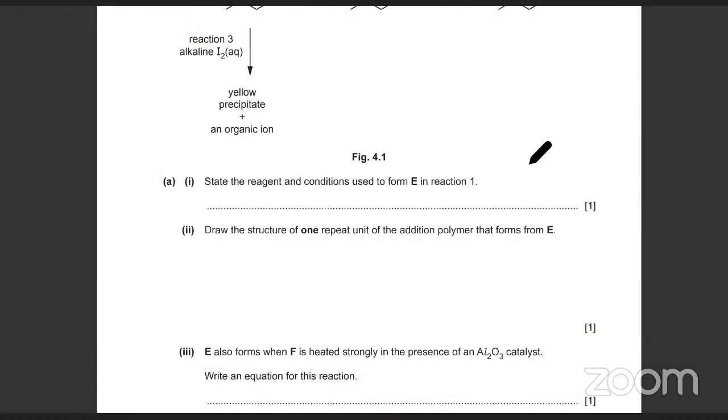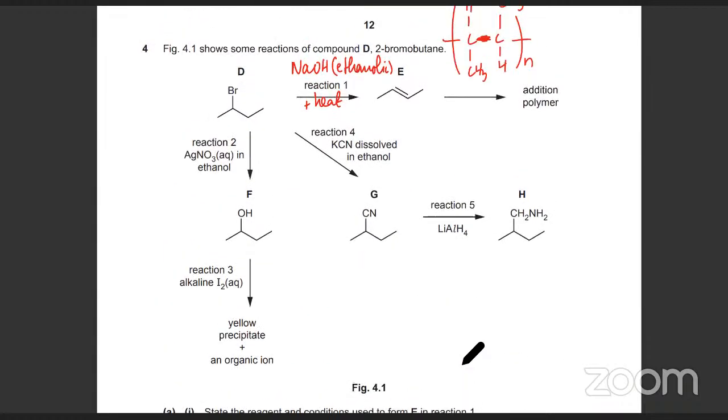And then he says, write an equation. E forms when F is heated strongly in Al2O3. So that's dehydration. He's saying that if you react F with Al2O3, E gets formed, and he's just asking for an equation. So water gets removed. F is C4, H kitne?